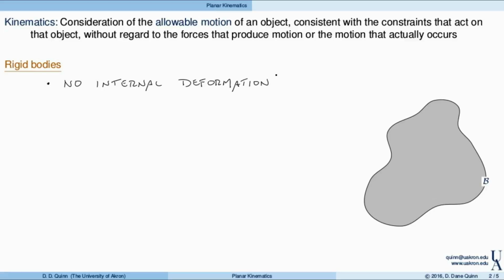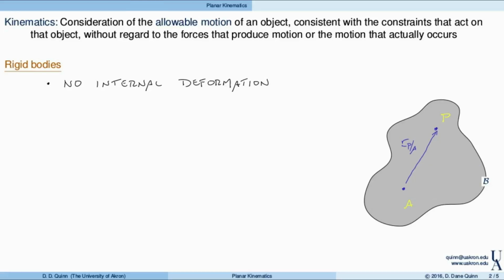And so if we look at, say, 2 points on an object, and these are any 2 points on the object, let's call them point A and point P. Then the vector from A to P, which we'll denote by this position vector, is fixed in the object.